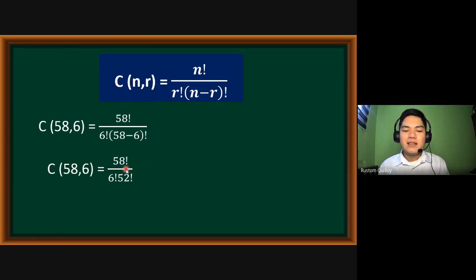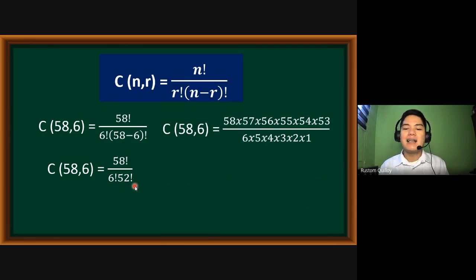Si 58, since may 52 na po sa ilalim, i-expand natin si 58 hanggang kay 53 na lang, kasi meron tayong 52 factorial sa ilalim. Kinancelled out na natin si 52. So, nung inalis na natin si 52 factorial, ang natira na lang sa ilalim is si 6 factorial.